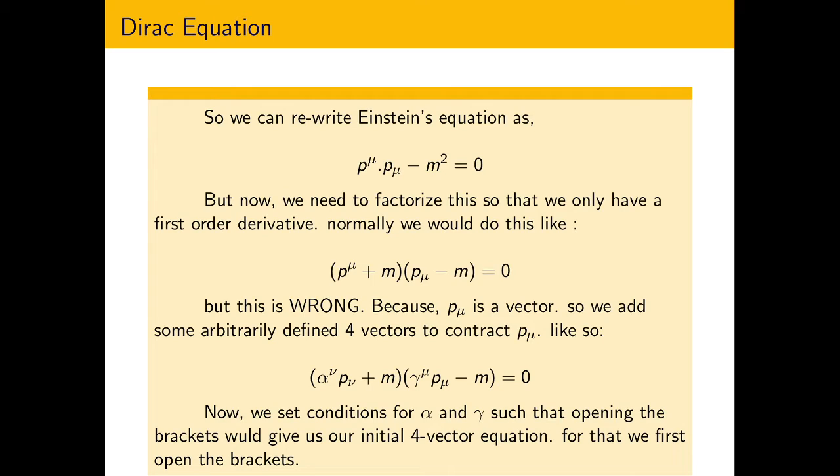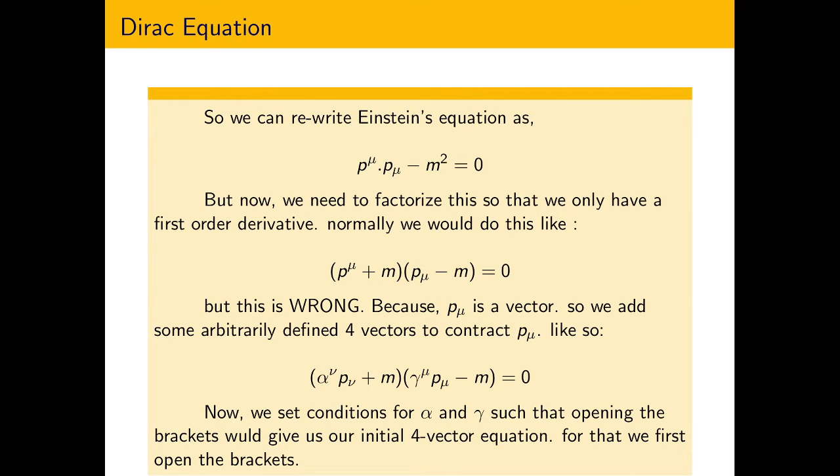So what we need to do is factor it and get a single derivative equation. Normally when you have an equation, say x square minus y square, we factorize it like x plus y into x minus y. But in this case, you can't do that because p mu is a vector, whereas m is just a scalar. So you can't add or subtract scalars and vectors like this.